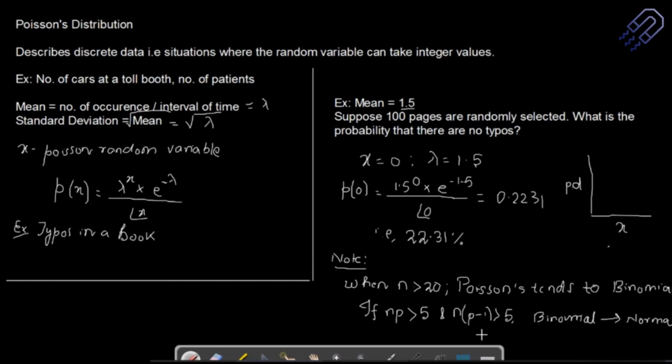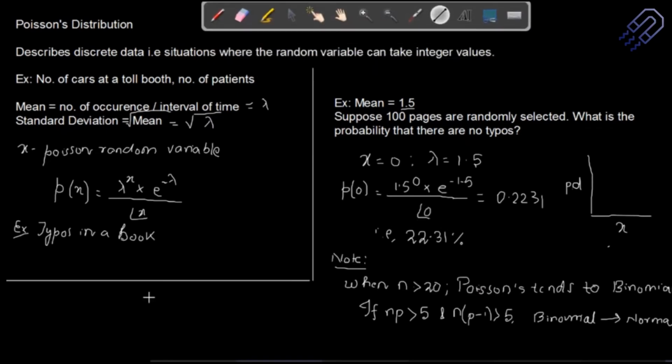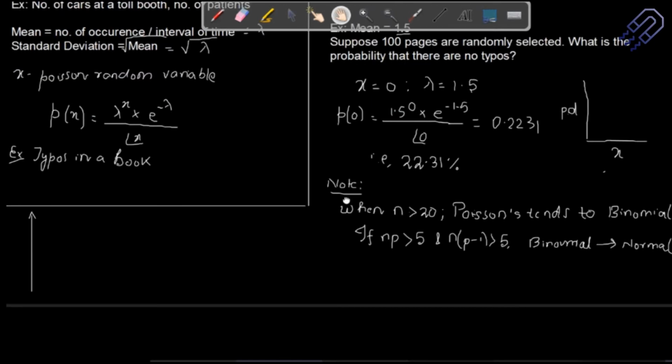Probably if I want to draw a graph for the Poisson distribution, I can do it this way. This is a Poisson distribution, let's say I want to draw it, and then this is something which is more or less a normal distribution.